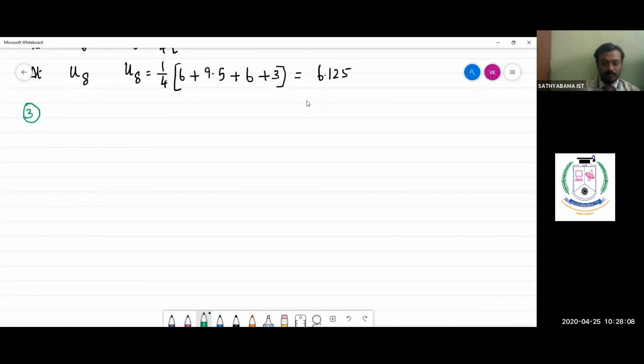Third question. Solve the Laplace equation for the following square mesh, given the square mesh.